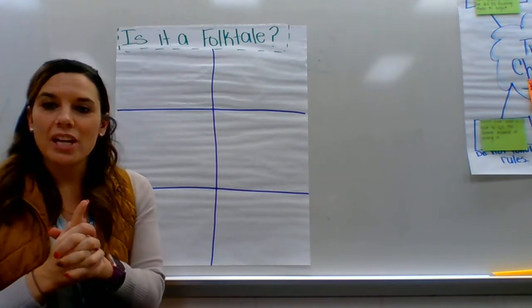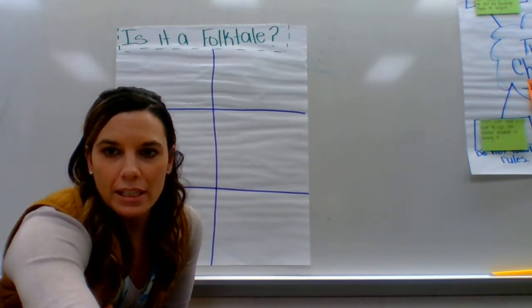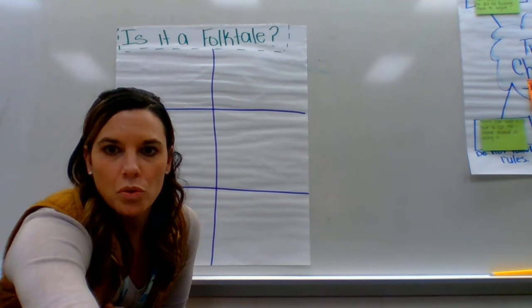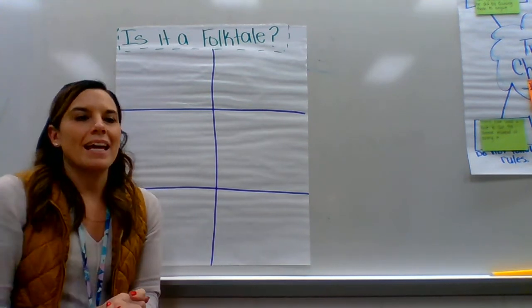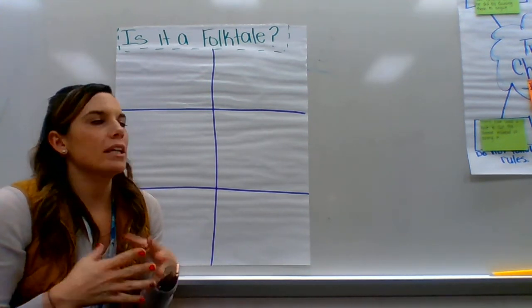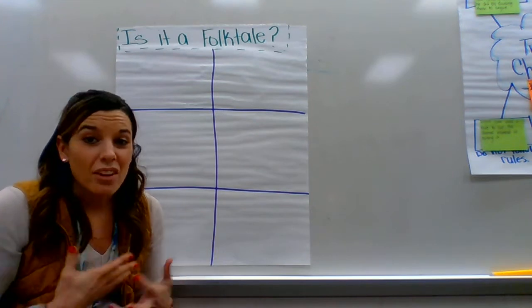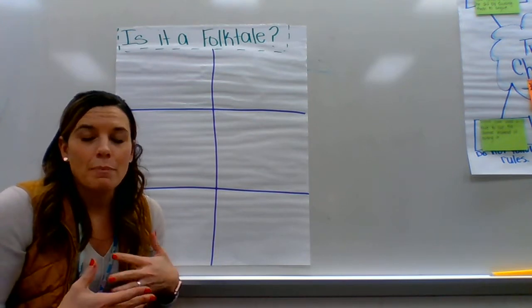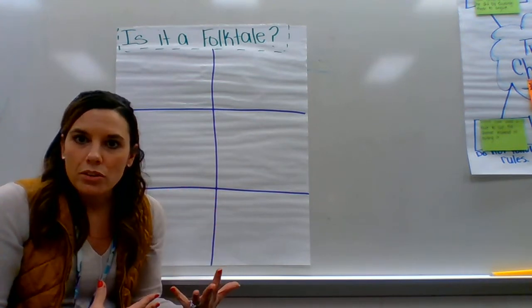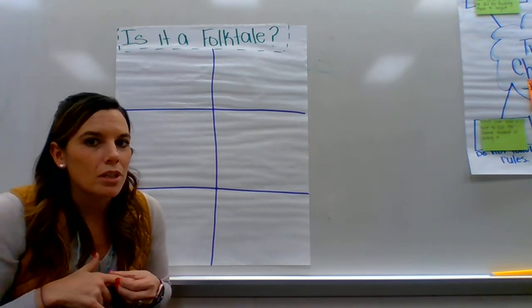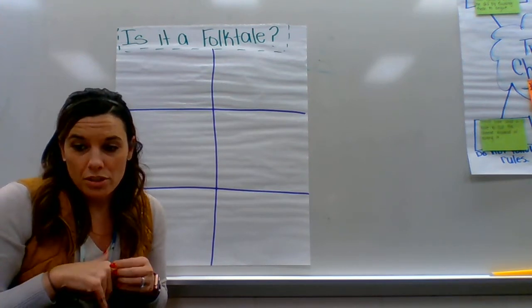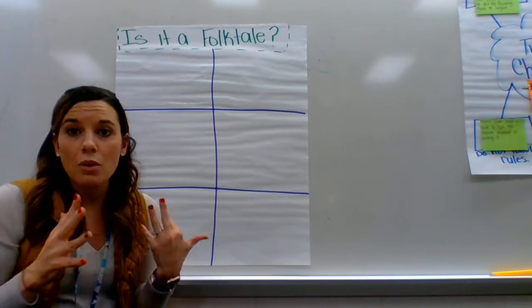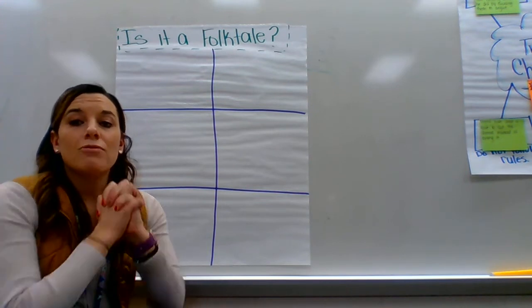Monday and yesterday we talked about tricky characters who are in stories, and they're called tricky characters because they figure out a way to get what they want by either not telling the truth or not following the rules or distracting the other characters in the story, right? Today we're going to talk about folk tales.